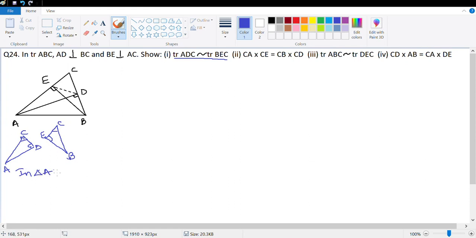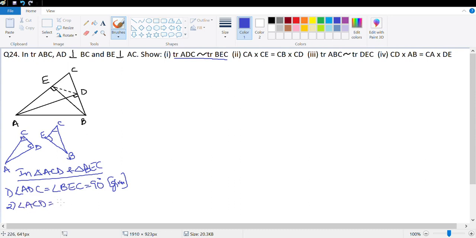In triangle ACD and triangle BEC, what I have is angle ADC is equal to angle BEC is equal to 90 degree. This is given. Next, angle ACD is equal to angle DCE.